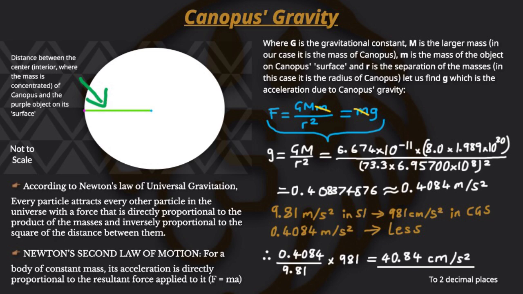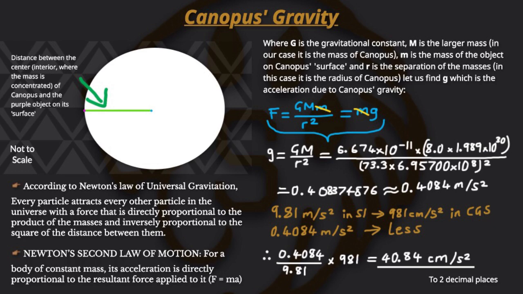And then we're also going to use Newton's second law of motion, which I think you all know. It gives you F equals ma, where the force is proportional to the acceleration. In this case, we have acceleration due to gravity, so that's why we have that, and then we multiply with the mass.